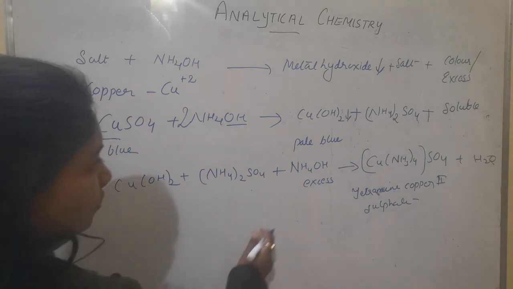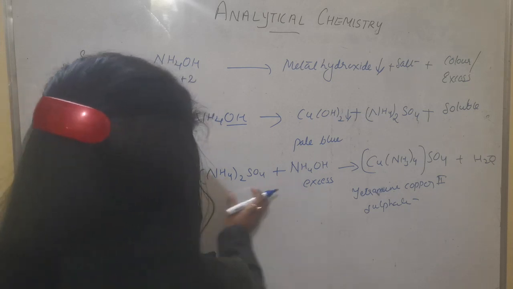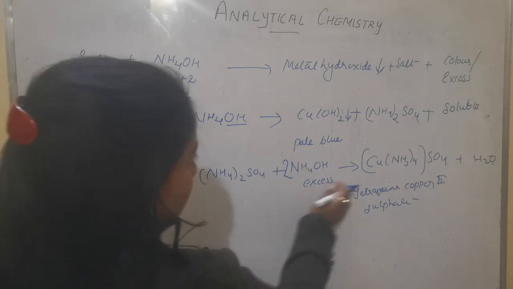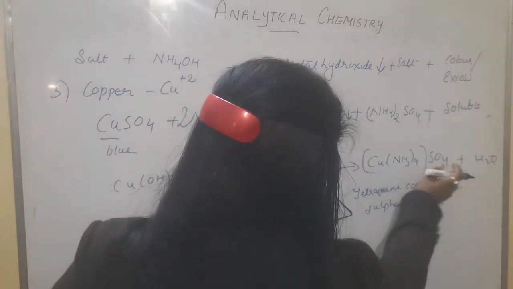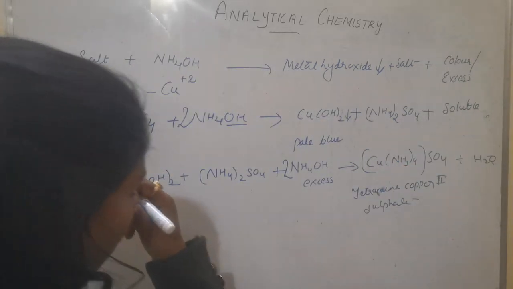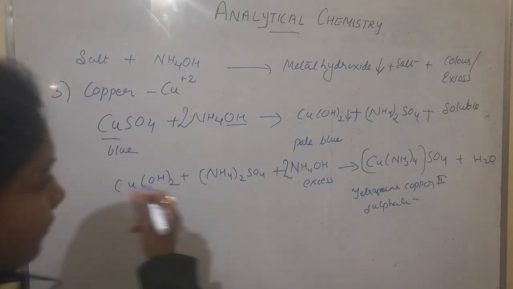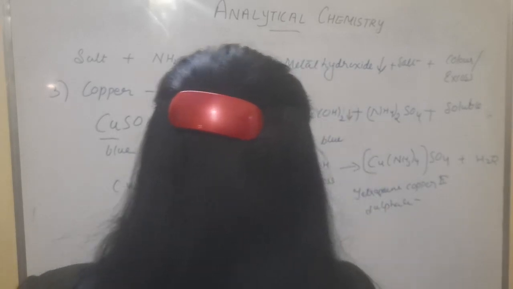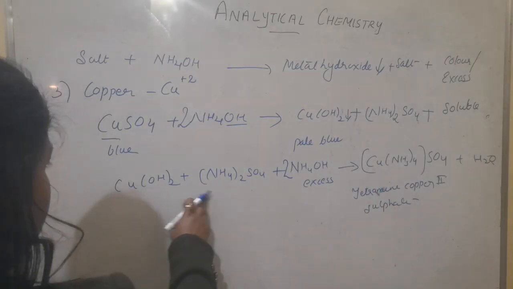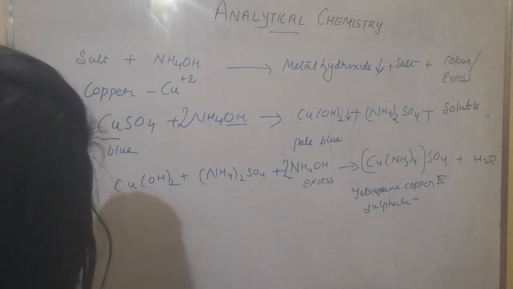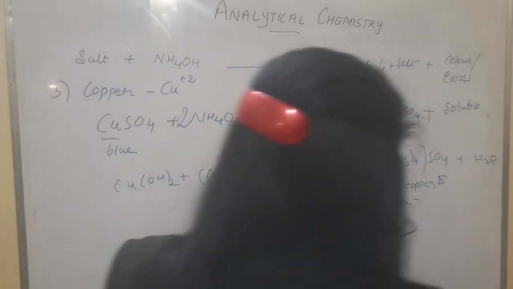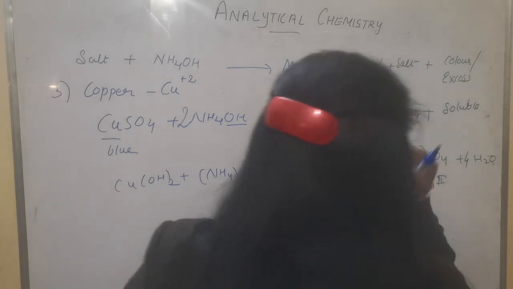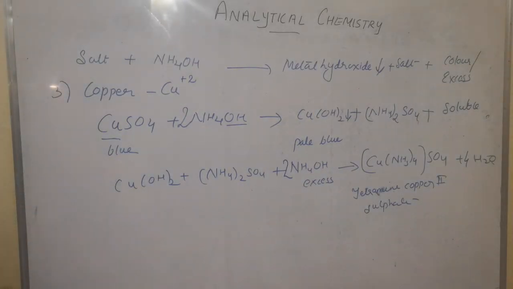Next equation also, 2, make it 2. 4 3s are 12, 13, 14, and hydrogen is 14. 8, 9, 10, 11, 12, 20. 4 2s are 8, 4 2s are 12, so 20. Both sides are balanced.